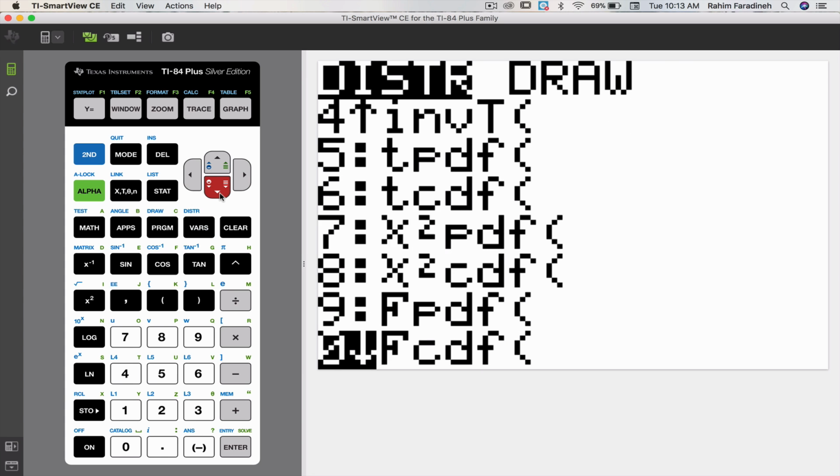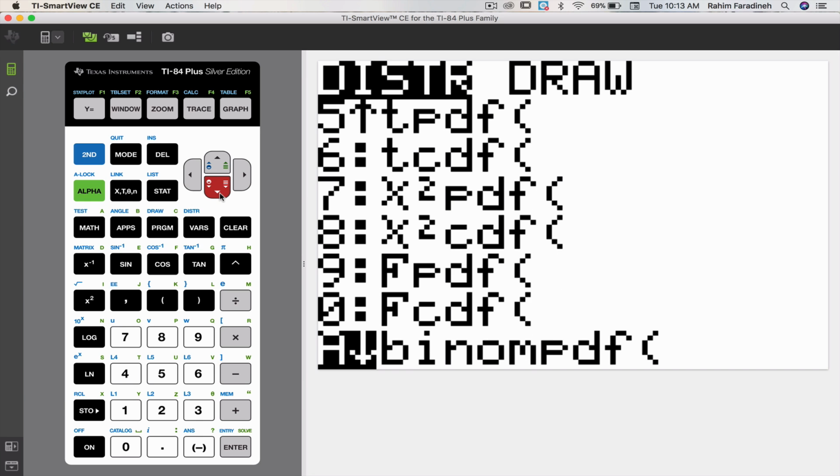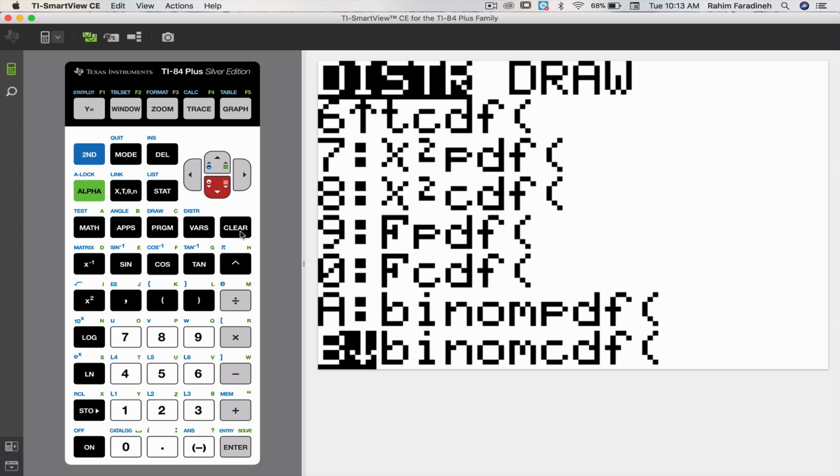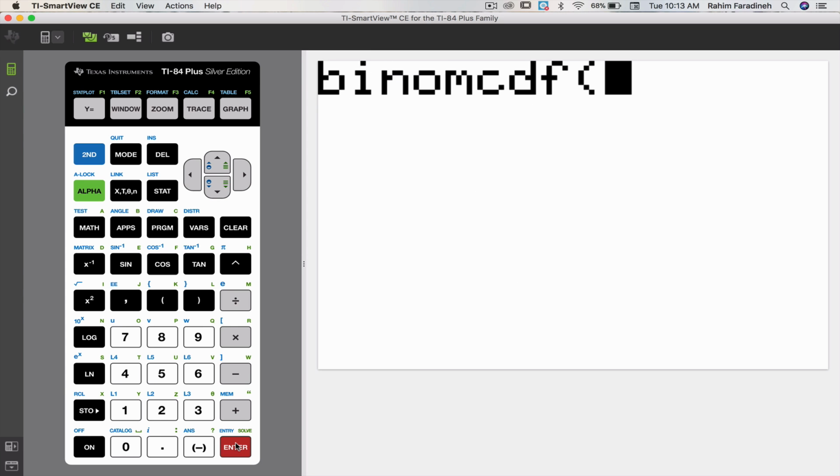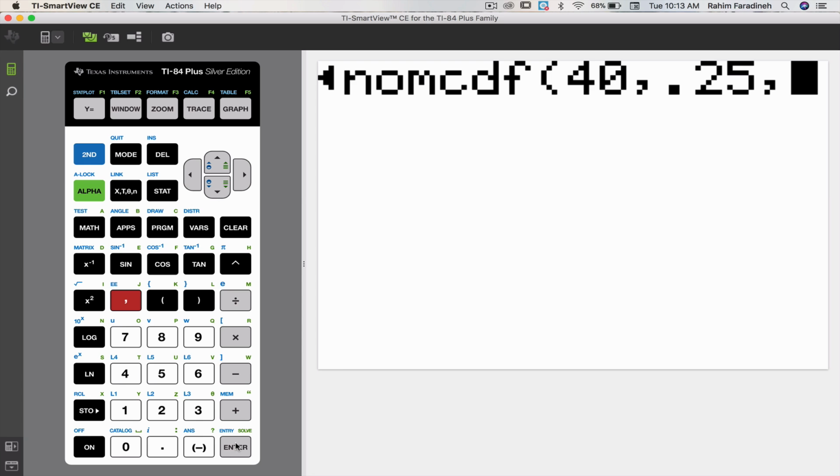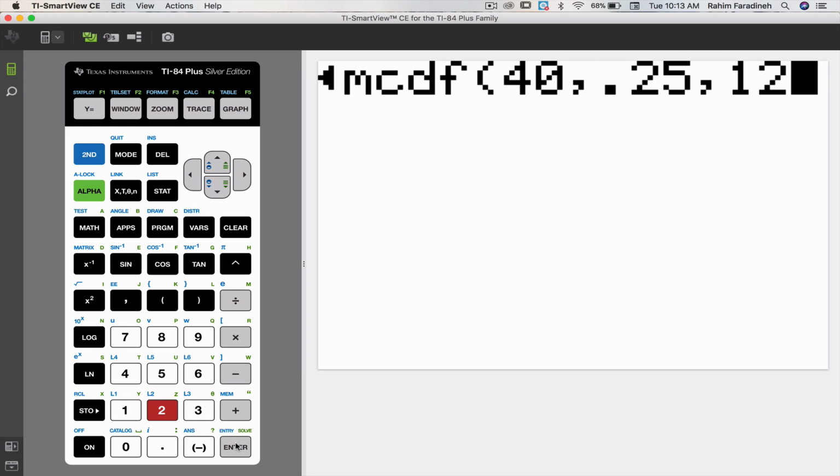I arrow down until I get to binomial CDF. Select that. My n is equal to 40, comma. My p is 0.25, comma, and my x is equal to 12.